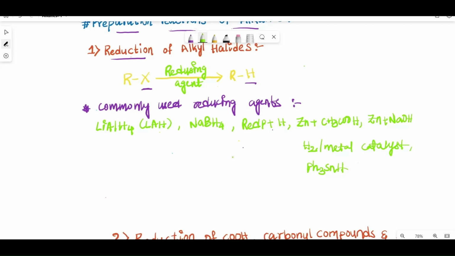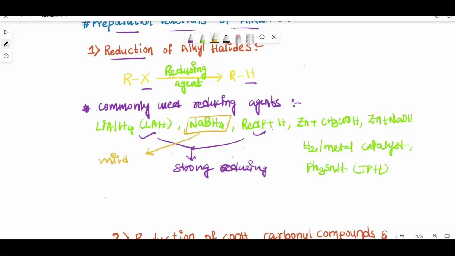This one also we can use. This can be written as TPH. In this, you have to remember these. This one and this one and this one are strong reducing agents.